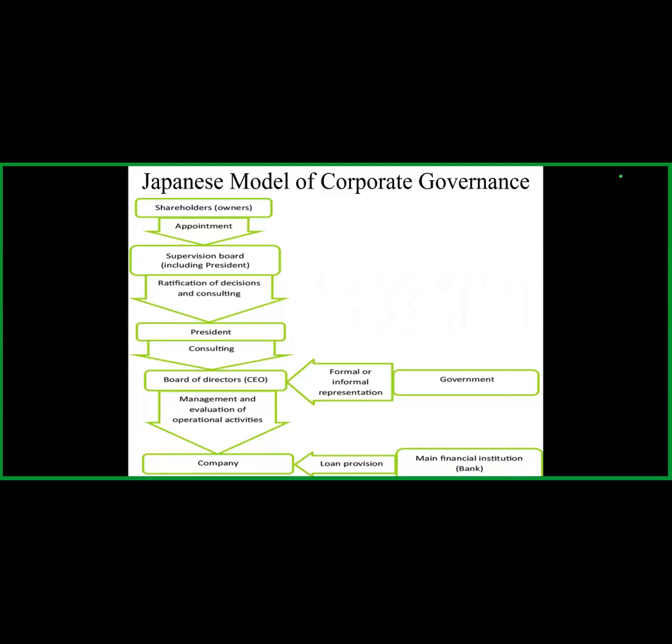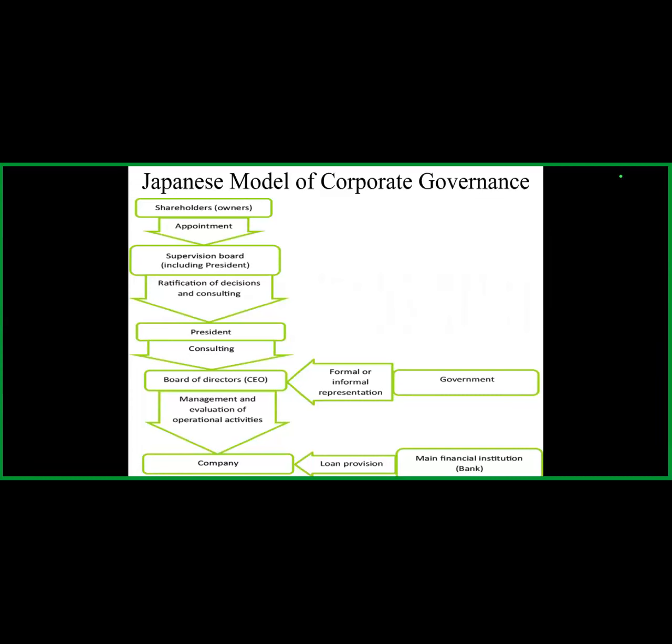Now, there also the role of government is involved, and the role of government is formal or informal representation. Who will be making the formal and informal representation to the government? It is not the supervisory board, but the CEO of the organization who will be making the formal representation to the government.